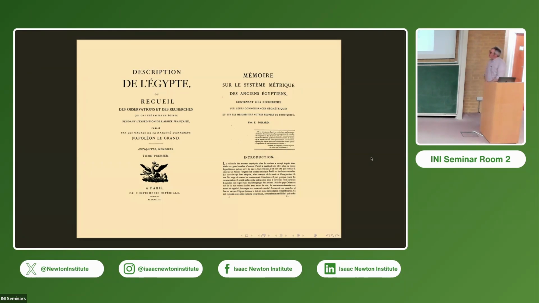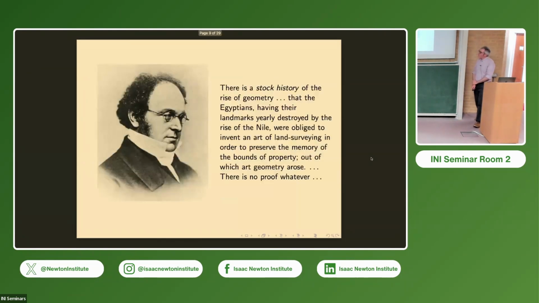So I suggested that this story about having to mark out lands every year is something we can question the plausibility of. And I'm in pretty good company in questioning that. So if we look to Augustus De Morgan, a very keen historian of mathematics and somebody who's always quite good for a soundbite, around 1830 he's writing for the Penny Cyclopaedia, a serialized reference work. He writes most of the mathematical entries, and in particular the entry on geometry.